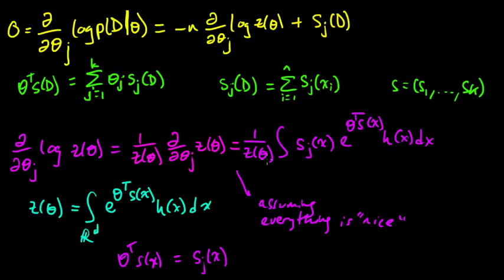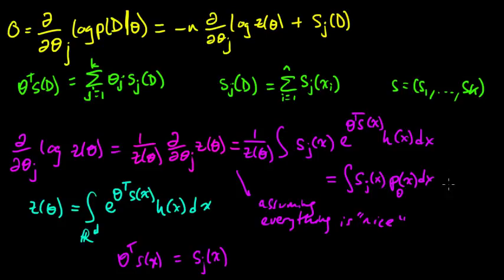And now we move the Z of theta inside here, and this divided by Z of theta is just our original distribution. So this equals the integral of s_j of x times p sub theta of x dx.